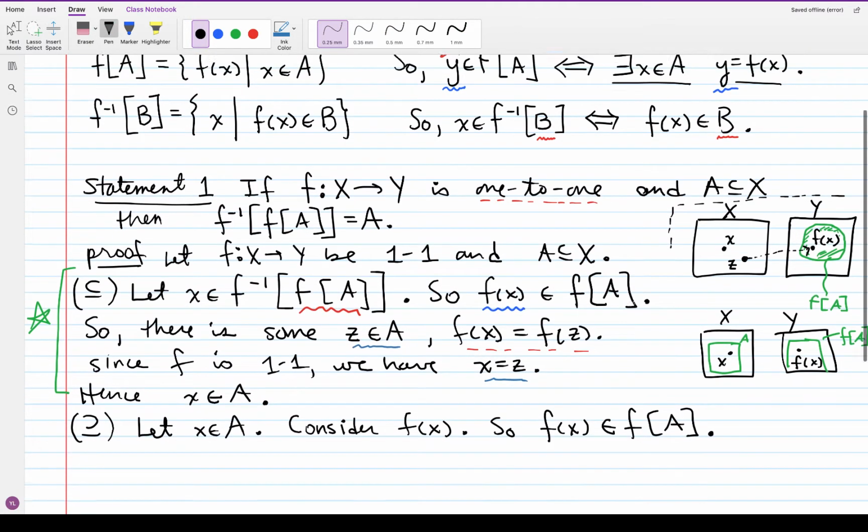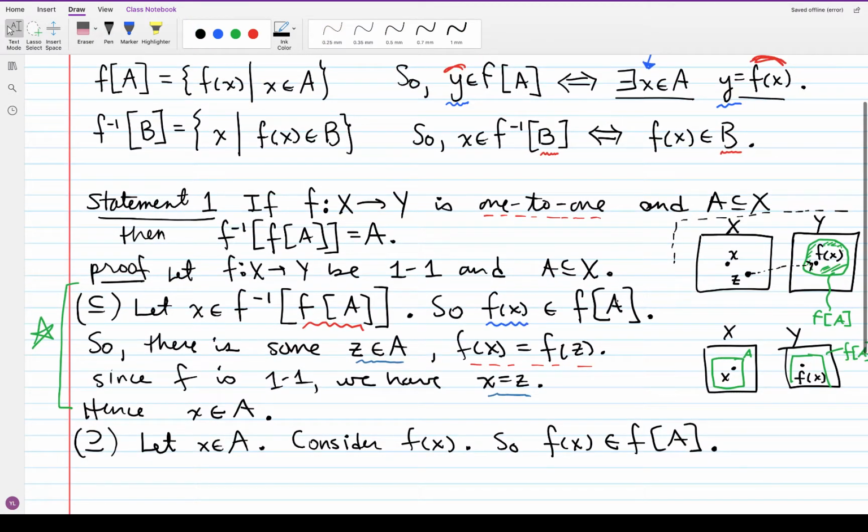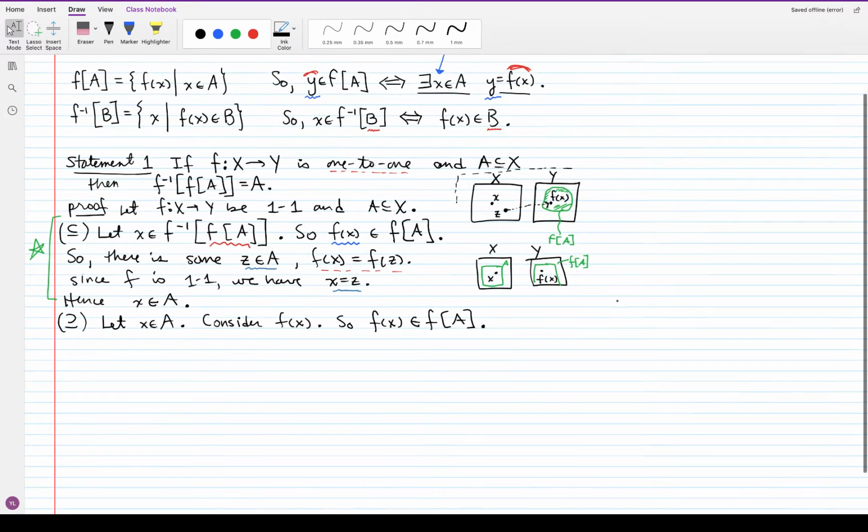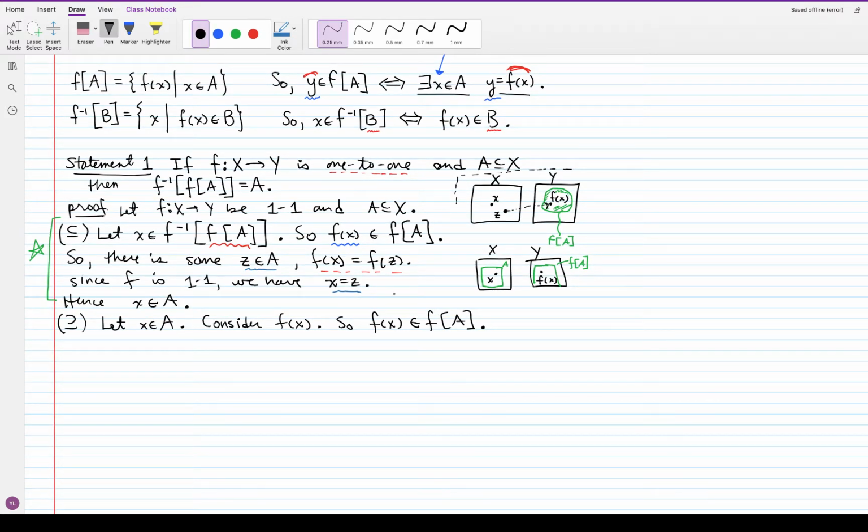Okay, and now I want to look at where I'm headed. What would it take to get x in f inverse of something? I really want x to be in f inverse of f of A, so I have to inspect carefully what that would mean. X is going to be in f inverse of something, and the something here I want to be f of A, as long as f of x is in that something.